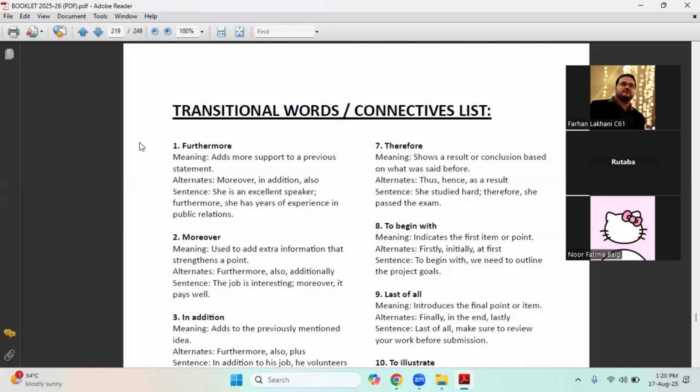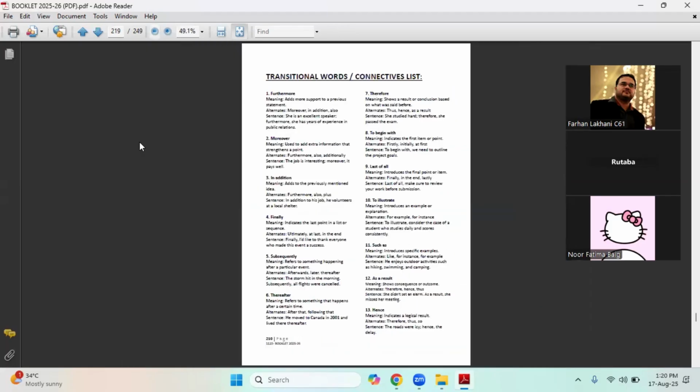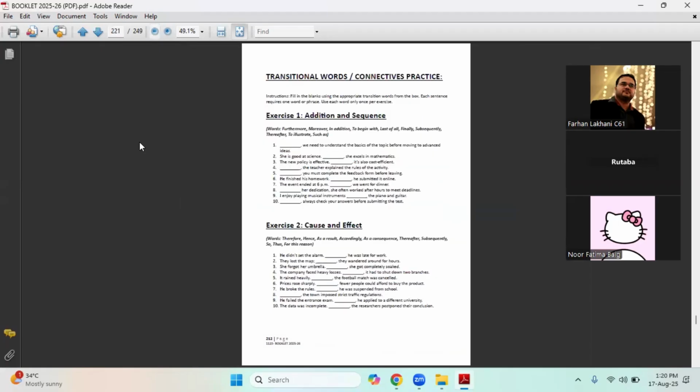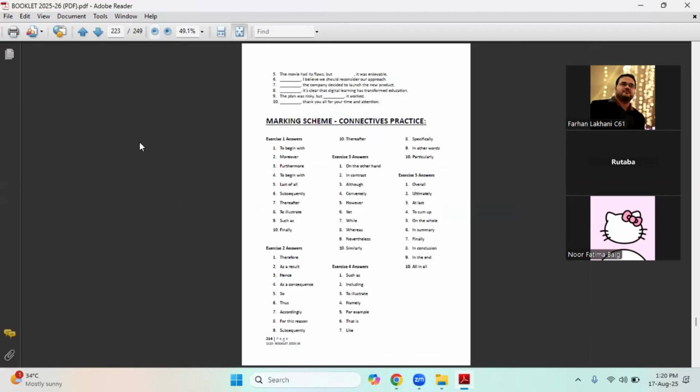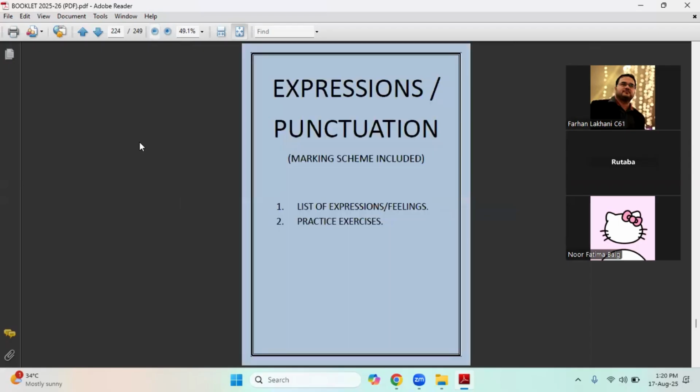That's your job actually, to go through it at home and revise them every time, because every time you are writing a composition, you must use them. And then the exercises are also given here, and marking scheme is also given to you. You can always check.